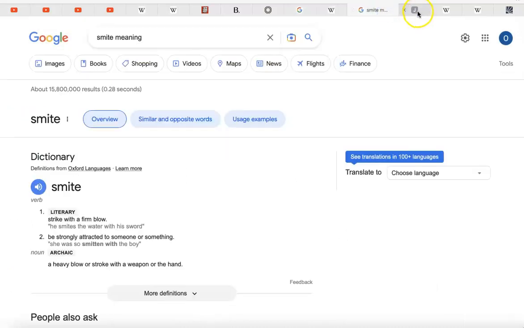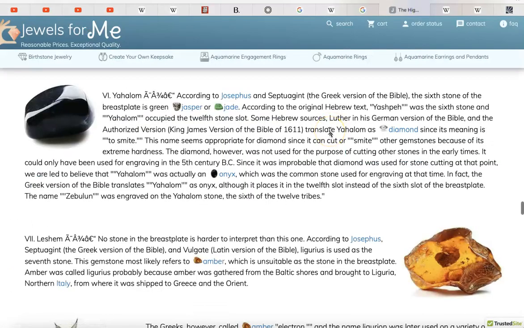Okay, so here we are, another website that deals with jewelry, and I looked this up because it features the word Yahalom. According to Josephus and Septuagint, the Greek version of the Bible, the sixth stone, again we're talking about the high priest's breastplate, is green, jasper or jade.